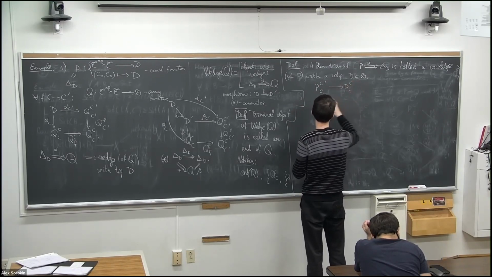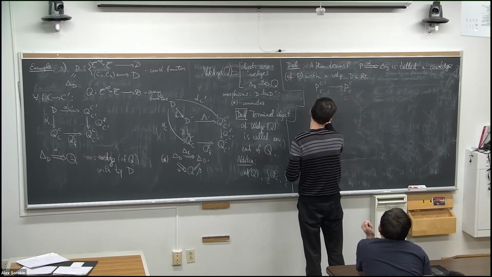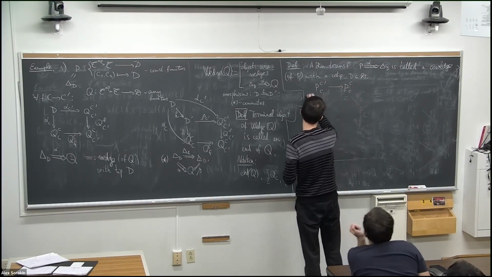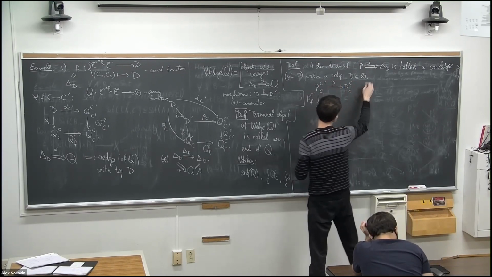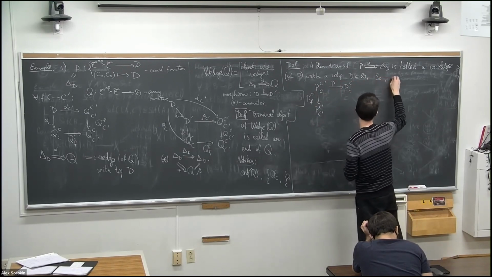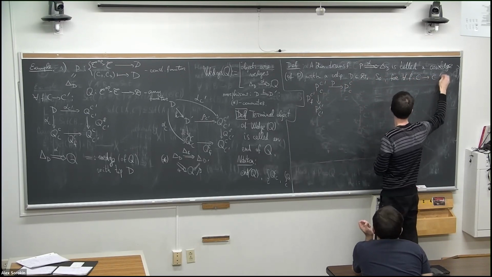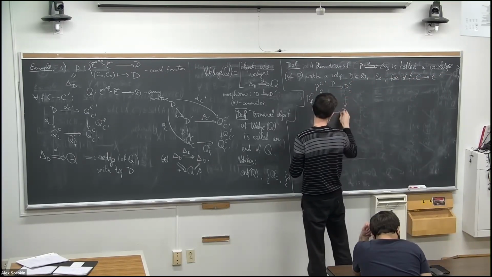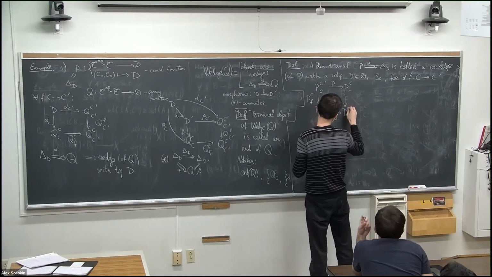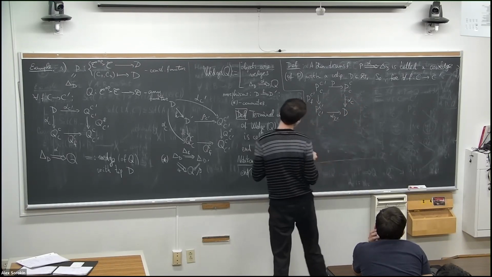Here will be P and C prime, C prime, C prime F. Here will be my D, alpha sub D, alpha sub C prime, alpha sub C.